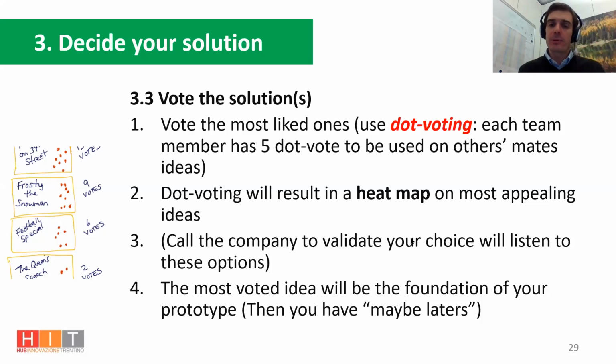Before entering the prototyping phase, just give them a call and make sure that the ideas that you are considering prototyping are in line with their expectations of potential solutions, because otherwise it's too late. So you give a call either to the boss or to your client.